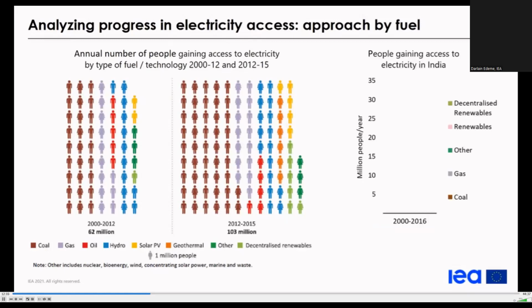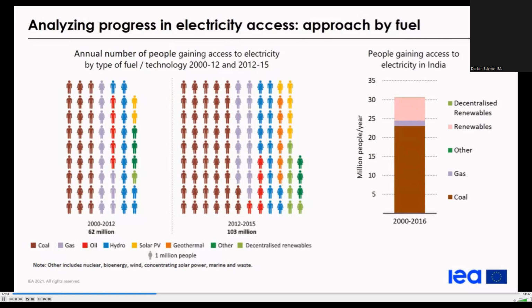So this is the number of people gaining access to electricity in India over the period 2000-2016. And you would see that on average, 30 million people were gaining access to electricity every year, and 80% of them were gaining it thanks to grid extension, the grid being powered by coal-fired power plants.